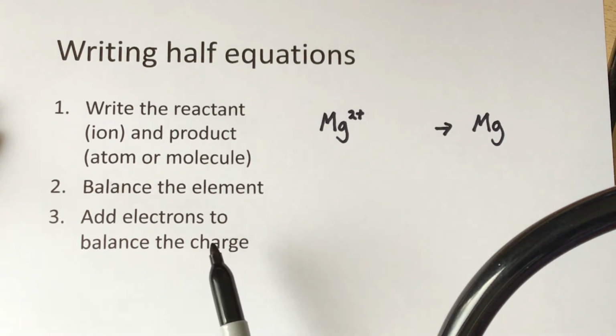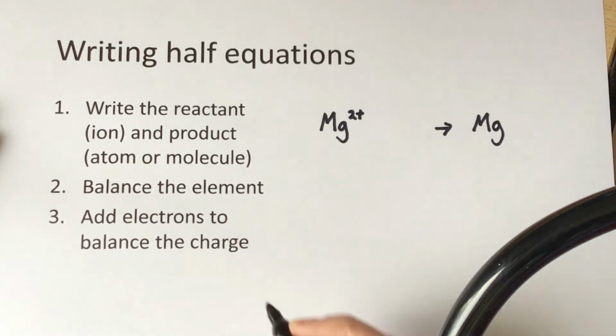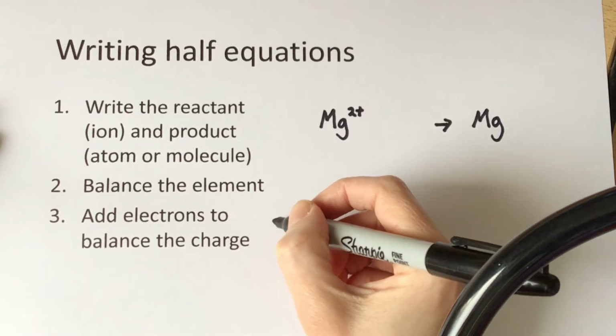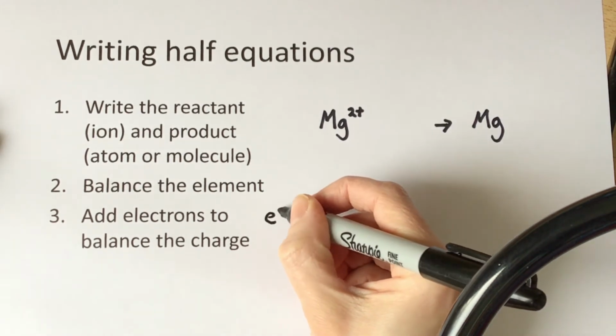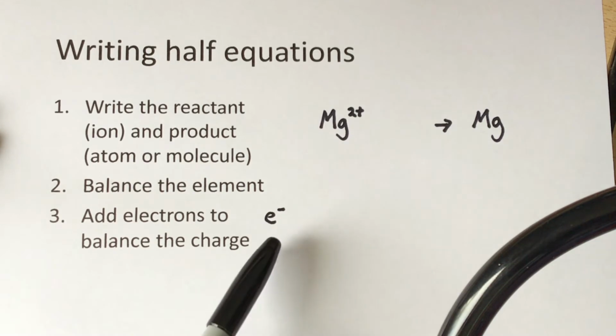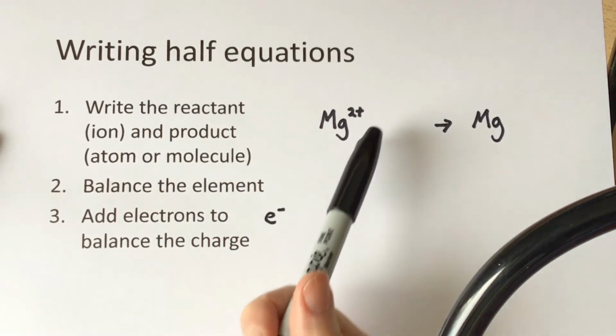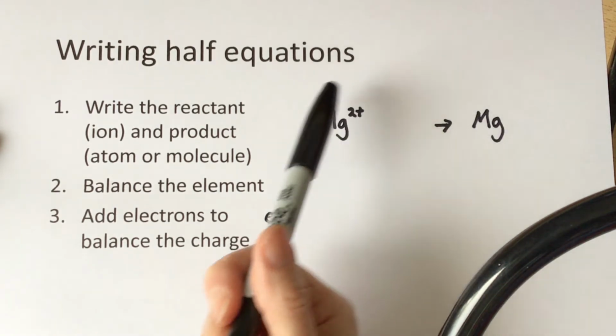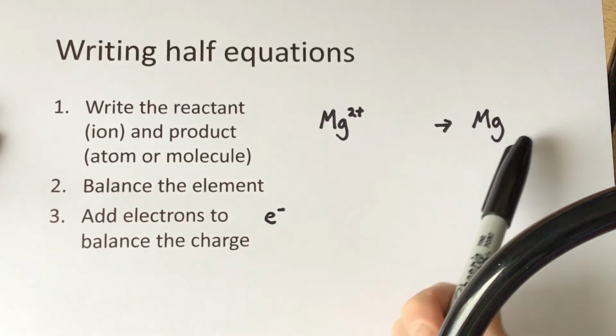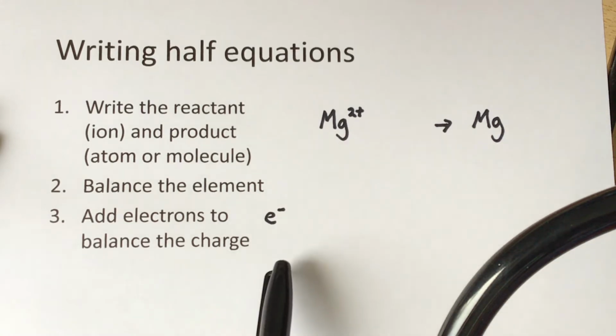And then we need to add electrons to balance the charge. What we need to remember is electrons, which we write as e-, have a negative charge. So if we look back at what we've got here, at the moment we've got 2+ on this side and 0 charge on this side.